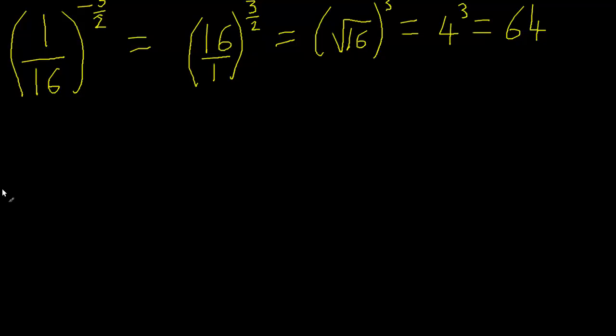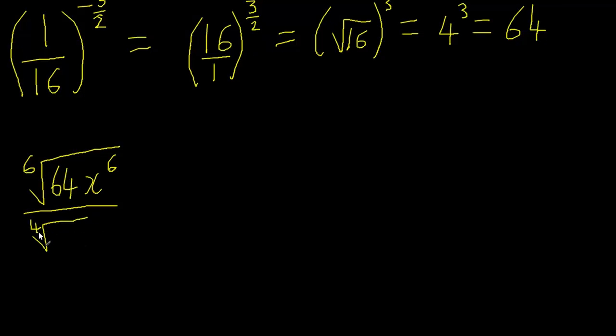Okay, now for my second example, we're going to look at something a little bit more complicated. So let's say I had the 6th root of 64x to the 6, all divided by the 4th root of x. So there's quite a lot going on here, so we'll try and split it up and make it as simple as possible.